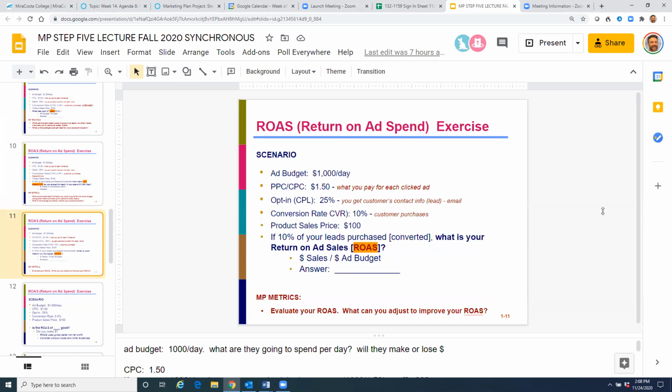But this brings us to our final number, which is what I want you to land on in your groups, which is the return on ad spend. The return on ad spend is telling us for every dollar that I spend in advertising, what do I get back in sales? And it should be greater than 1, right?